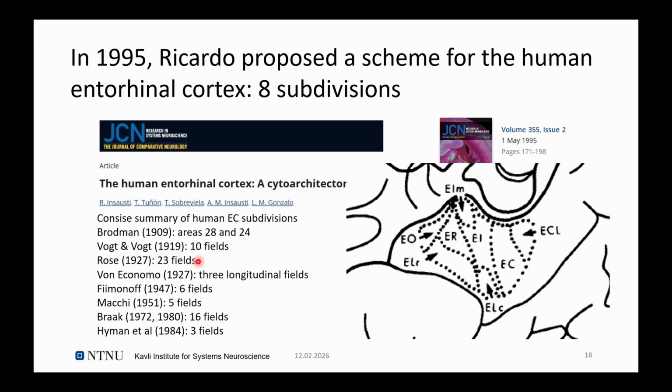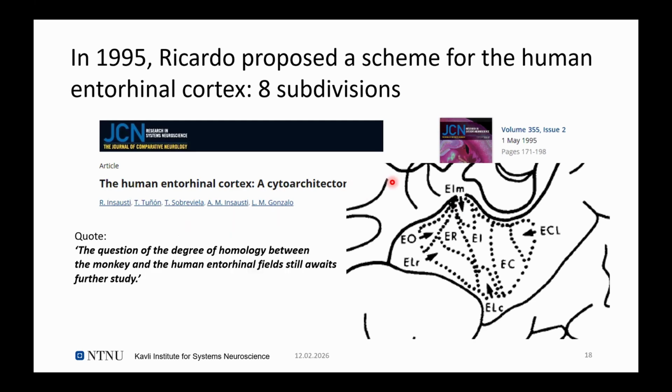You have to be pragmatic. You can continue to divide all the way up to a neuron. And Ricardo and I had endless discussions on how many subdivisions we need to handle our data. And I think that the choice for 8 subdivisions in human is useful and practical, although nowadays, with the current genetic and spatial transcriptomic data, we might have to change that view a little bit.